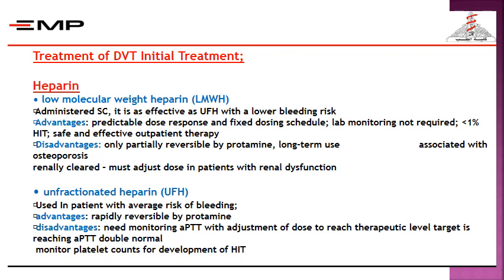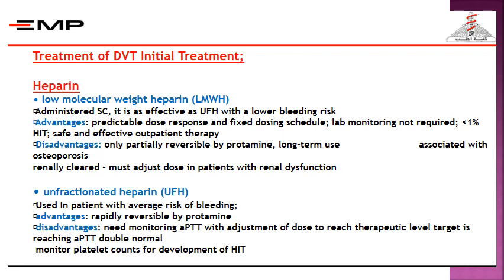What is the disadvantage? It is only partially reversible by protamine. Meaning if the patient is over-anticoagulated, there is no antidote. The protamine makes a partial reversal of the effect of low molecular weight heparin. Also, long-term use may lead to osteoporosis.